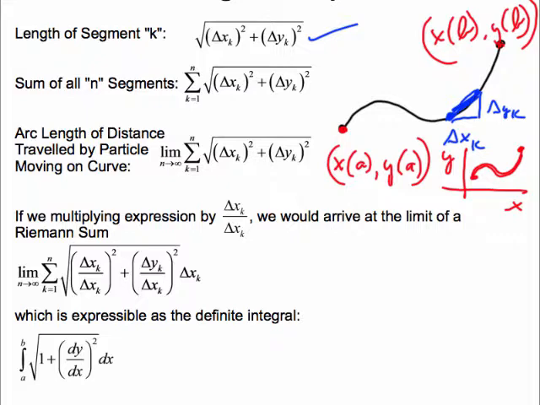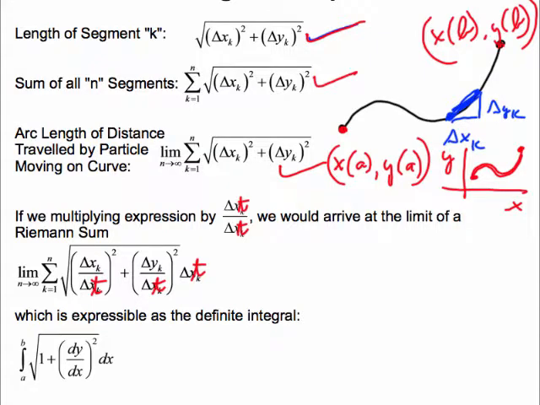So just to follow through the development again and look at what changes because we're dealing with respect to time, we can set up our distance the same way, add up all our segments, take the limit. Now what we're going to do here is, instead of dividing top and bottom by change in x, we're going to just divide by change in t. And what that's going to do is that's going to change this here.